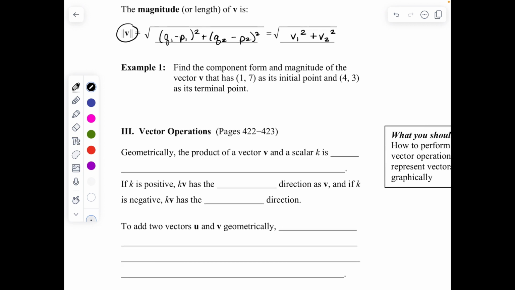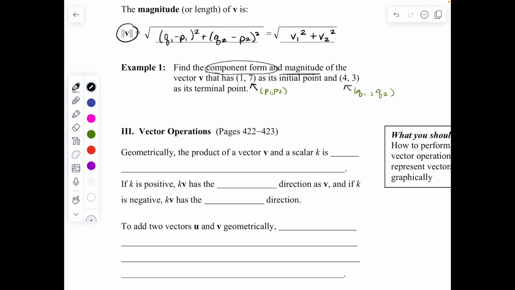So let's talk about what that really looks like. It says find the component form and the magnitude of the vector that has its initial point (1, 7) and terminal point (4, 3). Remember, the initial point is (P1, P2) and the ending point is (Q1, Q2). So here's what that looks like.